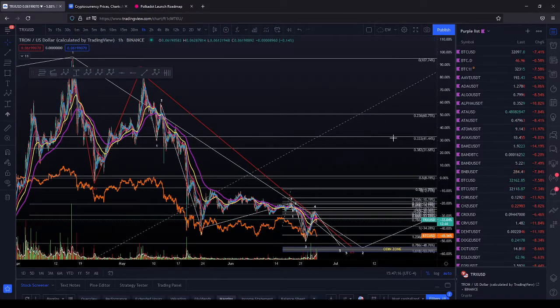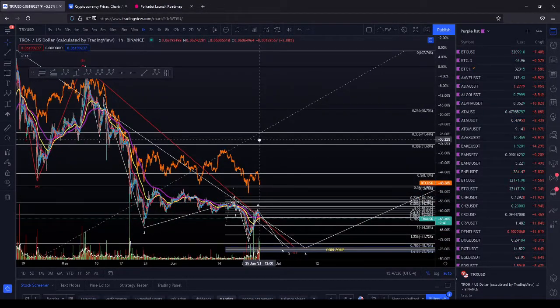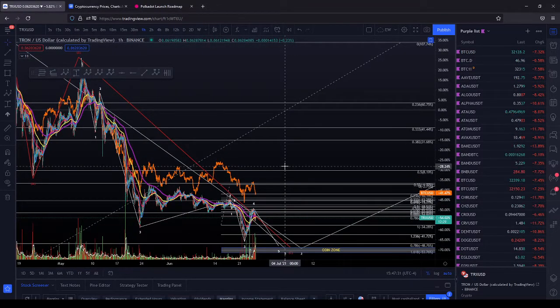These downward moves, TRX has not been immune to them. So if we're counting that Bitcoin is not finished, then TRX is not finished.